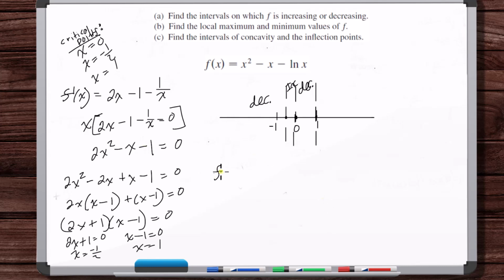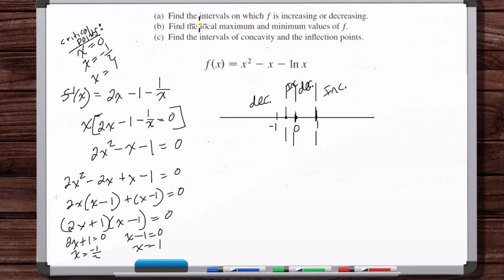F prime of positive 2 is 4 minus 1 minus 1 half, 3 minus 1 half, 5 halves, increasing. Okay, so that's the intervals on which the function is increasing or decreasing.